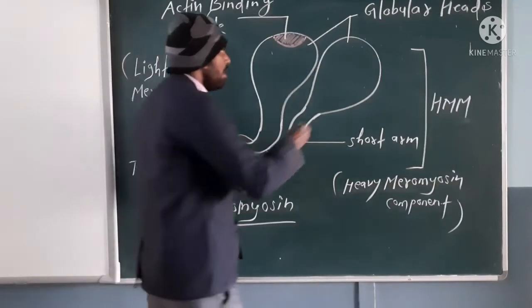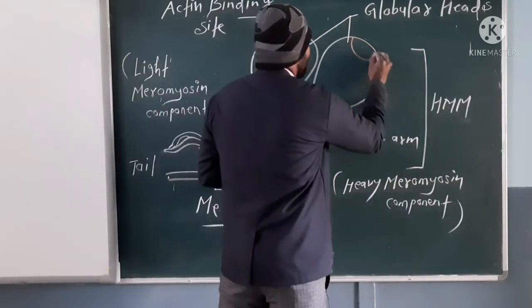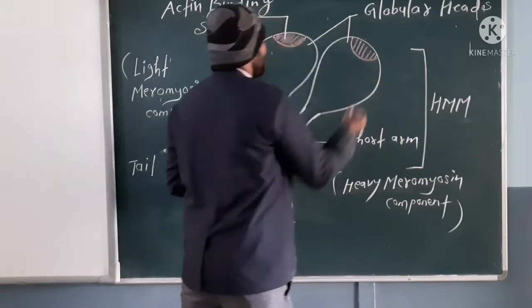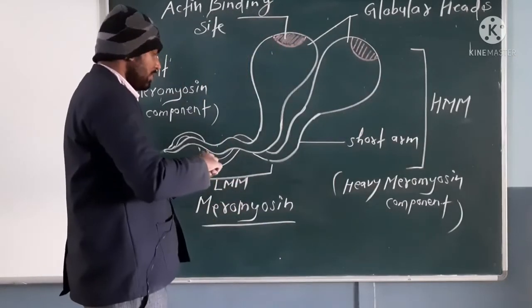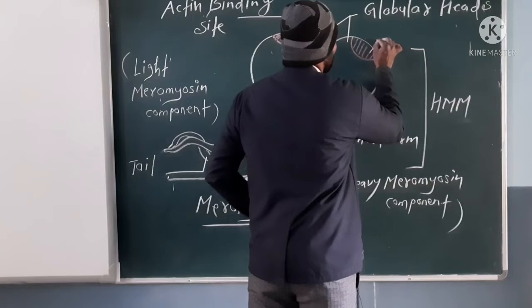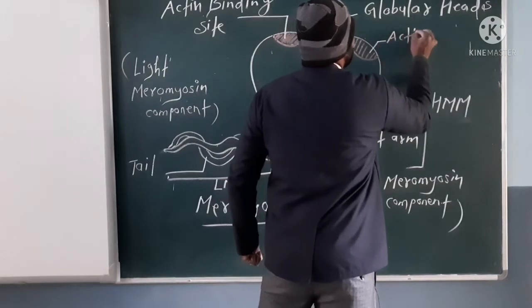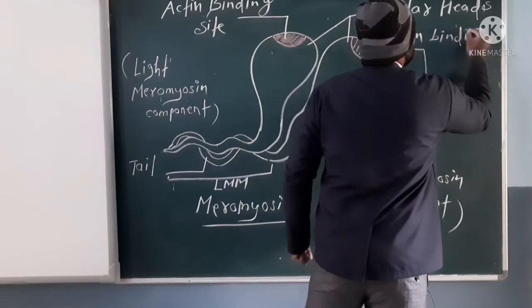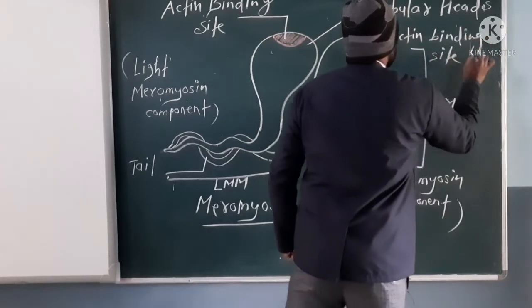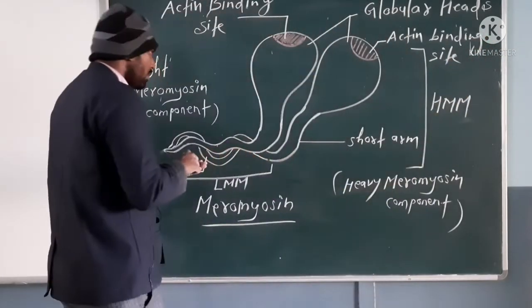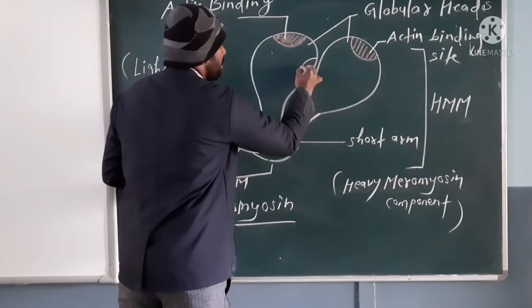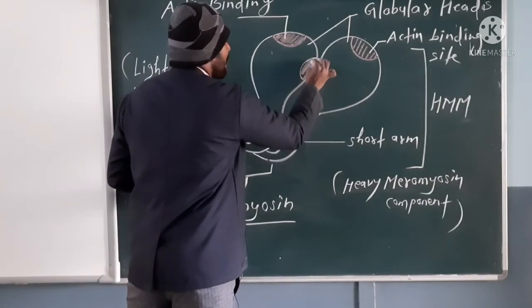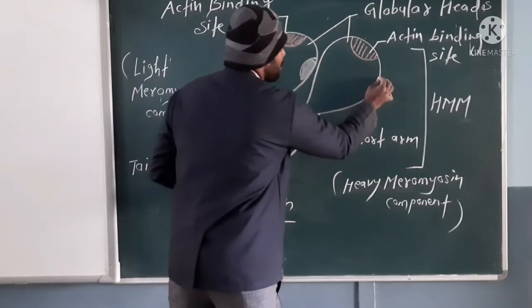So the area we talked about is the actin binding site, and this region is also an actin binding site. And one more site is present here, that is the ATP binding site.